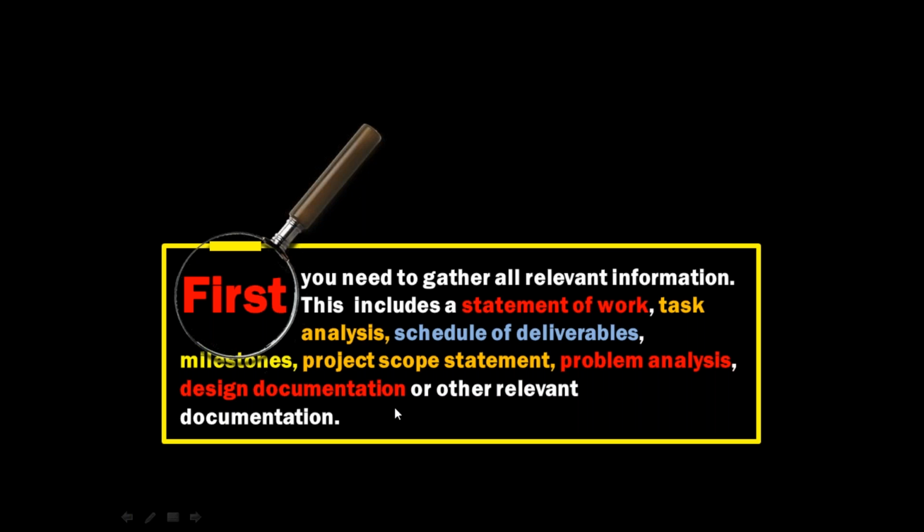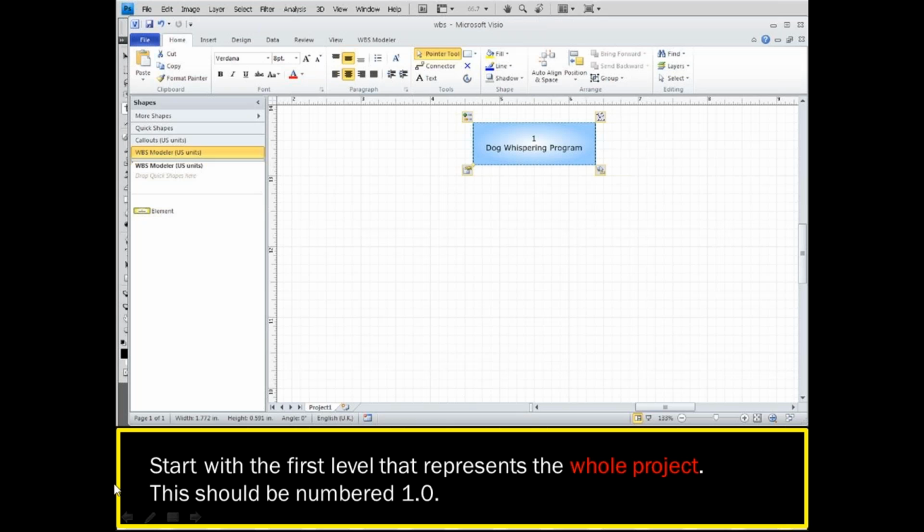This is the first step of the work breakdown structure. So how to start with it? Start with the first level that represents the whole project, and this should be numbered as 1.